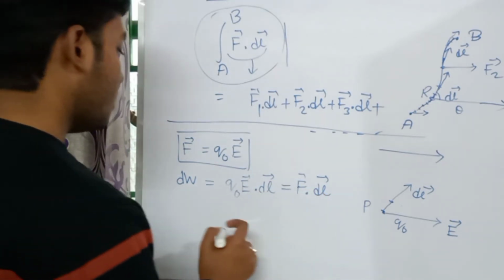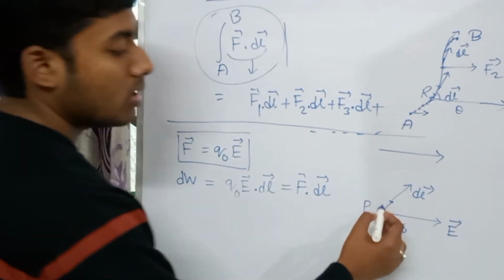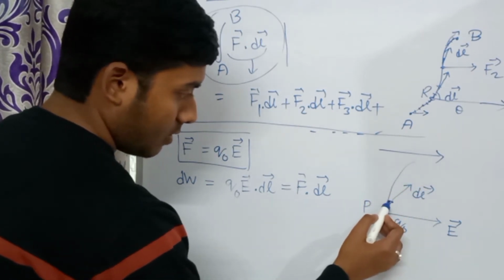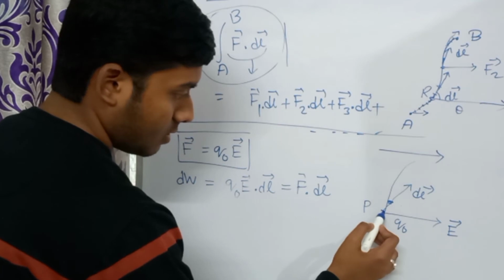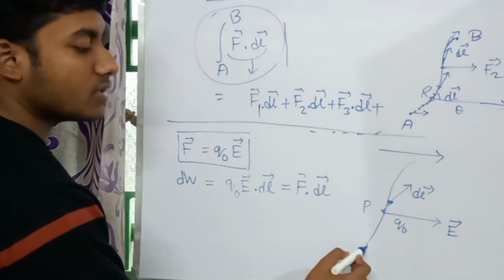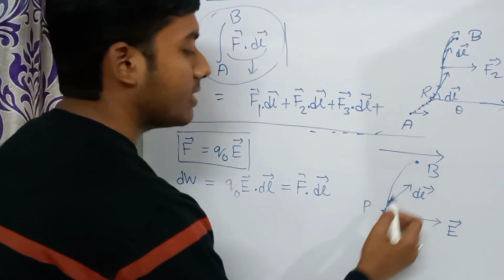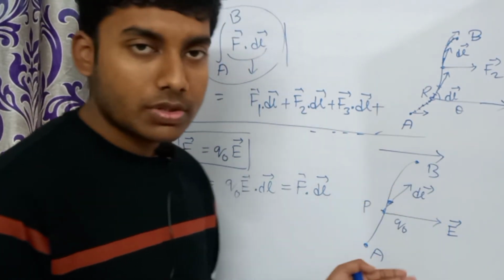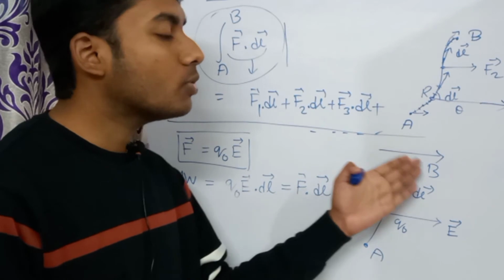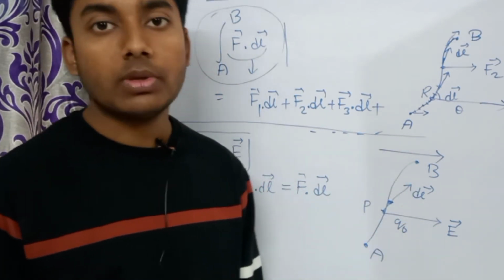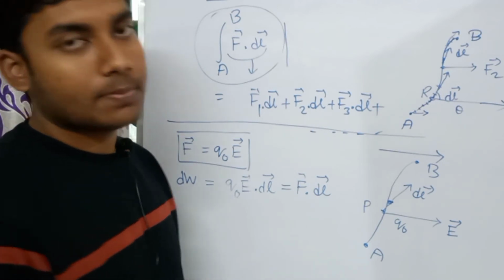Now if this is point A and this is point B, and the test charge q0 is taken from point A to point B under the action of this electric field, what will be the total work done?